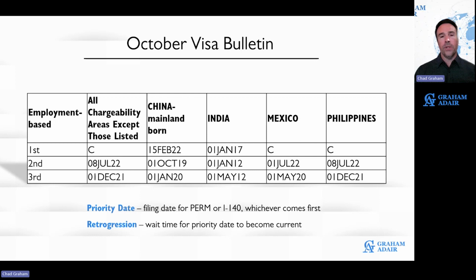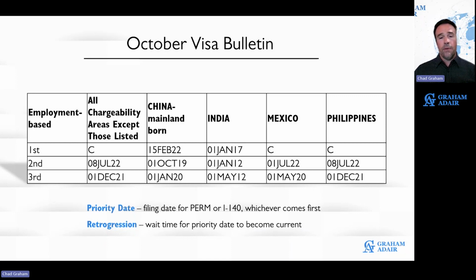So you might hear somebody say, well, your priority date is retrogressed. And what they mean is that you have a wait period before an immigrant visa number is available to you. Your priority date is very important, and it's something to keep track of, because your priority date is the date you can compare to the visa bulletin every month to see how much longer you have to wait.